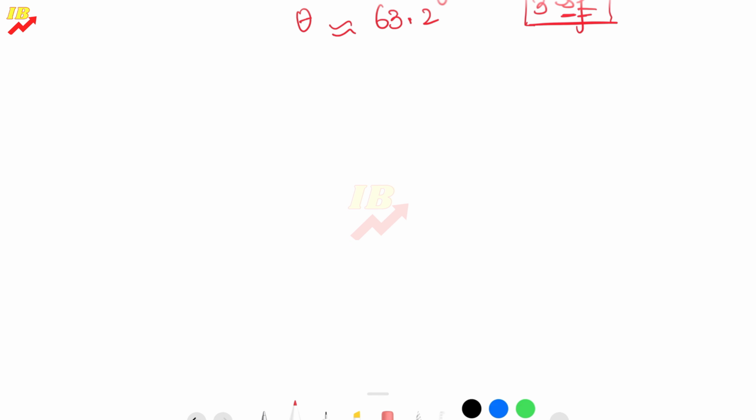This was all about the second example. And this is how you can find the rest of the ratios, rest of the values, or whatever the question is asking you. So I told you a few things: first of all, label your triangle before solving this.